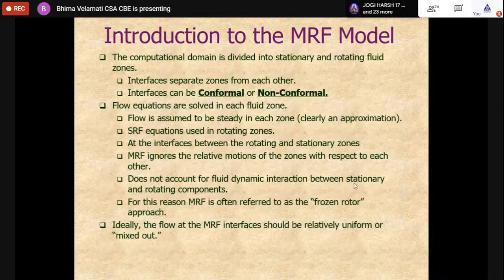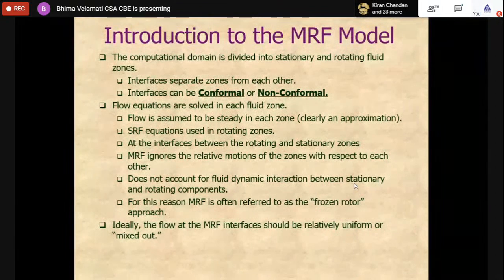Obviously, when you divide the computational domain into two regions, a stationary and a rotating zone, they have to be separated by an edge or a face, whichever way it comes out in 2D and 3D. So the interface is a region where I interpolate my solution.